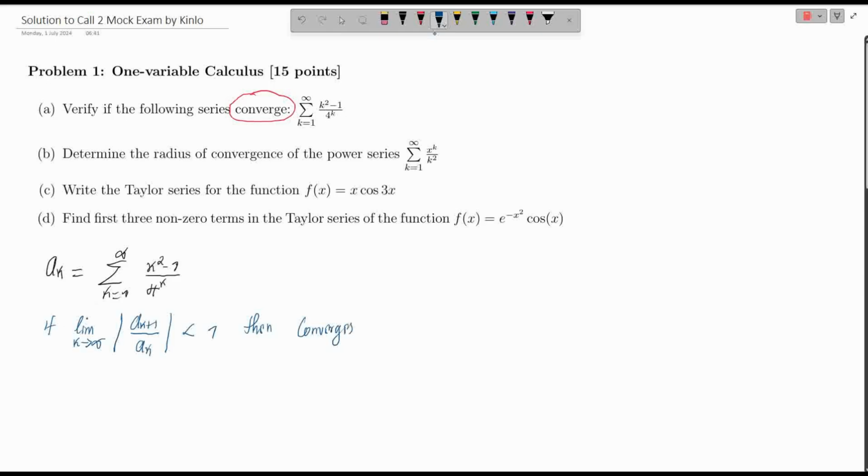Now if the limit as k tends to infinity of the absolute value of a_(k+1) divided by a_k is greater than 1, then it diverges.